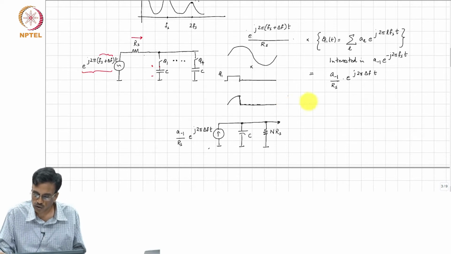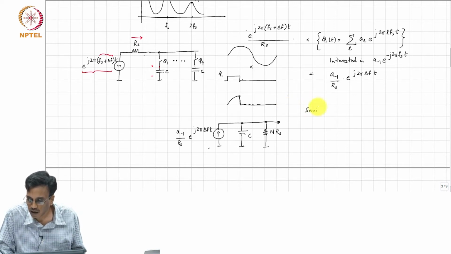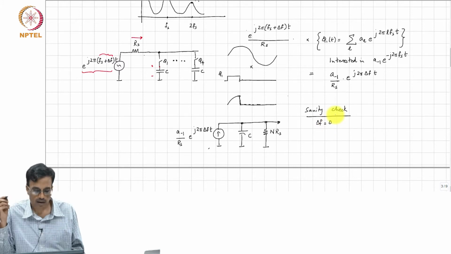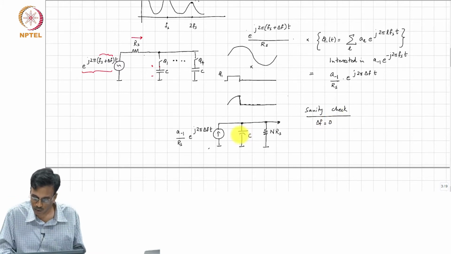So, a sanity check. Delta f is 0. What do you think will be the voltage here?